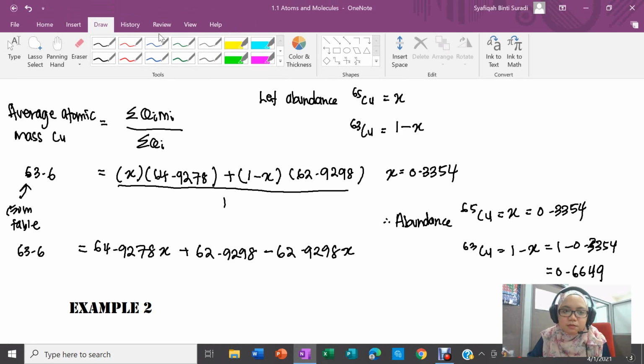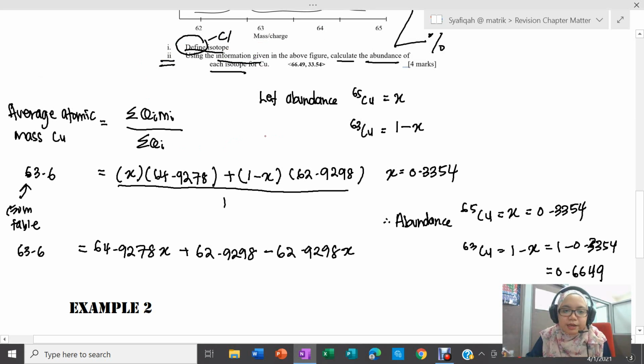Kebiasaannya, here, sama ada you bagi dia formula or the substitution method ni, akan dapat 1 markah. So, this one or this one, you will get 1 mark. Okay, and then markah lagi, you guys akan dapat 1 marks for each correct answer. So, total mark of 3 marks for this kind of question.